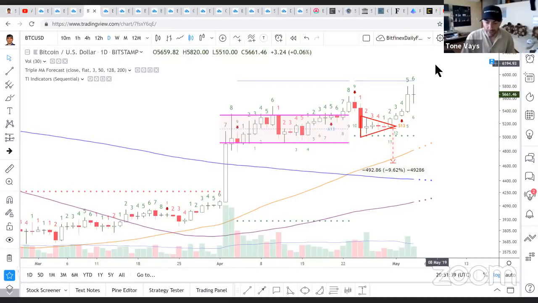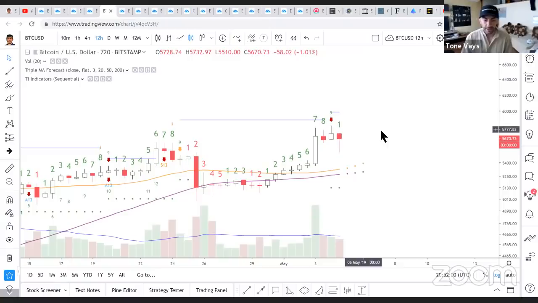Though 3 days from now is only 6 candles. So you can't get 13 out of 6 candles. So that's unlikely. Even if we go one more candle into the candle following the 9, that only gives you 8 more candles. So again, very unlikely that your 12-hour will be able to line up with the daily on a 13 on one, 9 on the other.